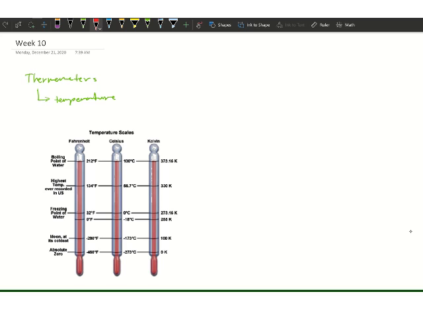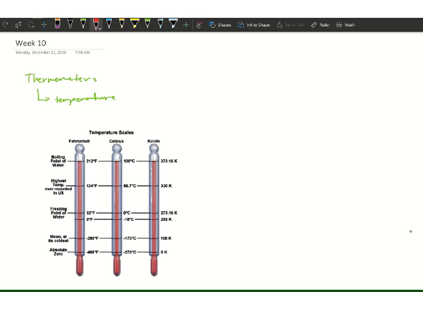But for the person who made the Fahrenheit scale, his reference for 0 Fahrenheit is water with a certain salt. That's why it's a little bit lower than the temperature described by Celsius.